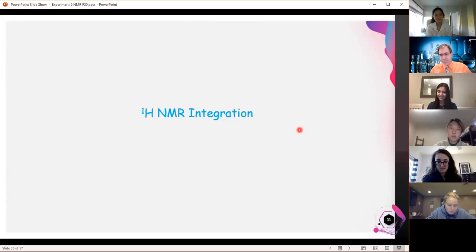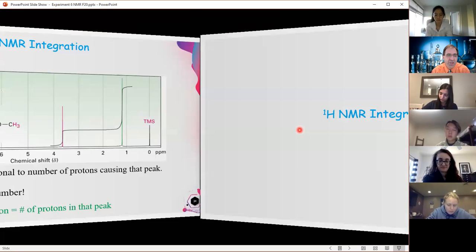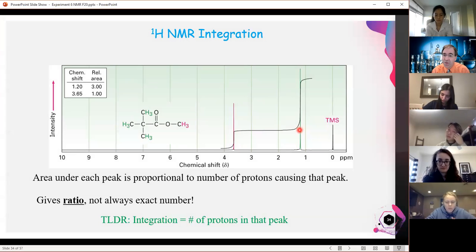Okay, so number of signals is how many types of protons. Where they appear is their environment, how electronegative things are next to them. Then the next thing is integration. And integration tells us how many protons are represented by that signal. So this peak, how many protons give rise to this peak?